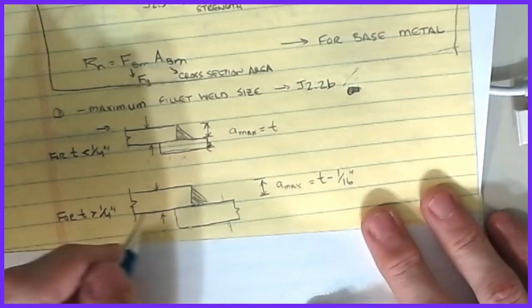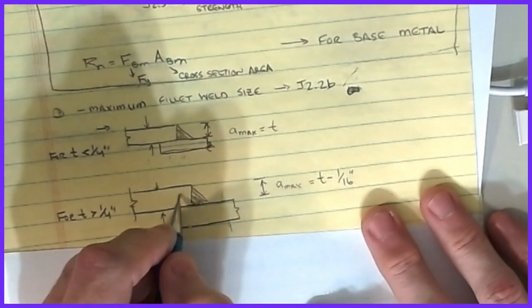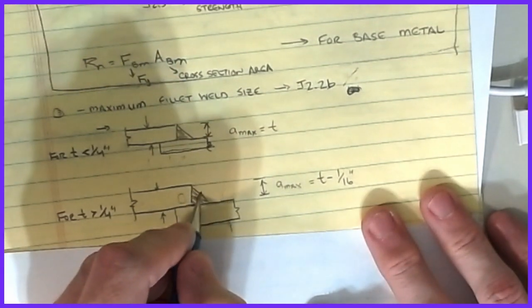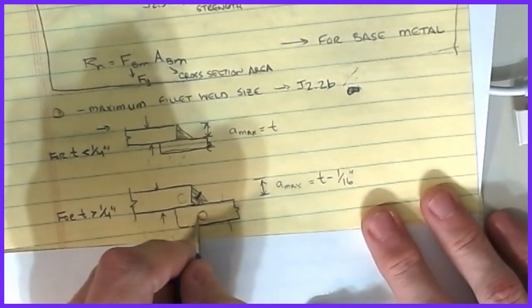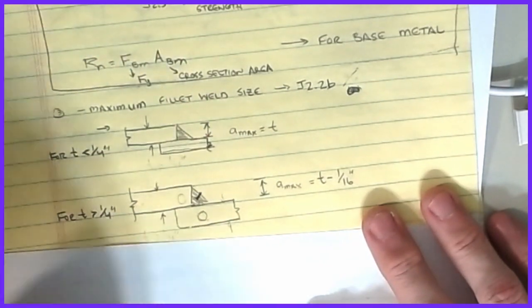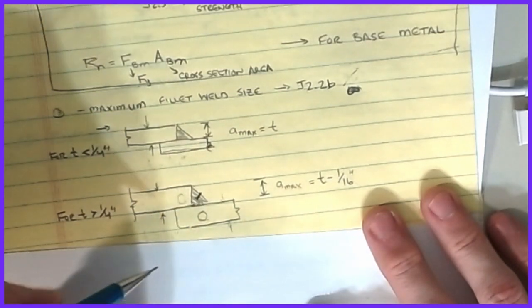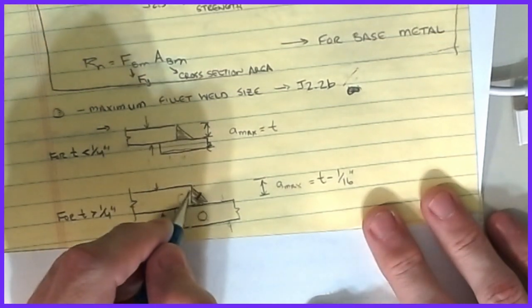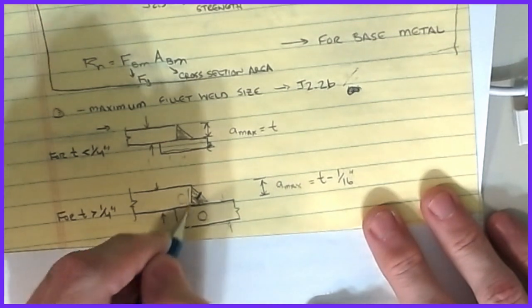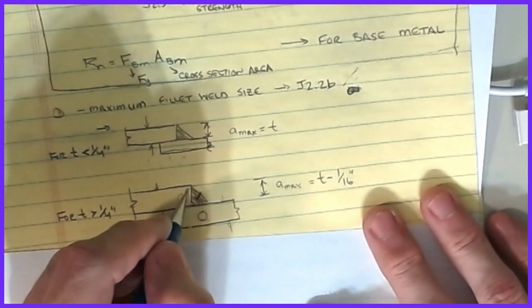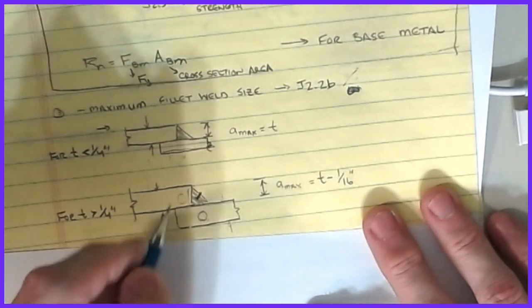Because again, the possible failure locations are I fail the base metal here, I fail the weld itself across the weld, or I fail the base metal there. All of those will break this connection. And so you have to check the base metal on both sides and the weld itself. Imagine the base metal failure as being a way of, I'm just going to rip this metal either at the interface of the weld or back a little bit on there.